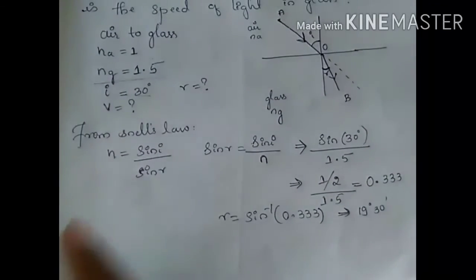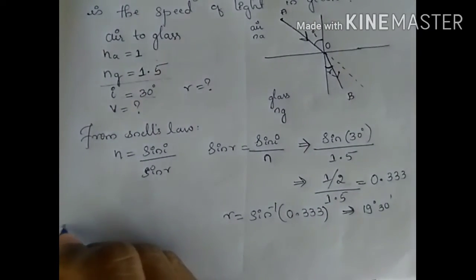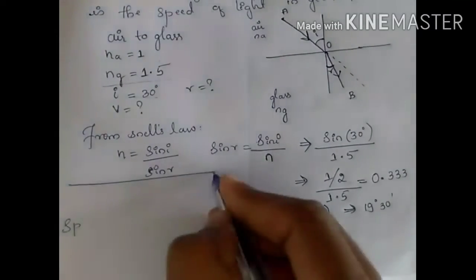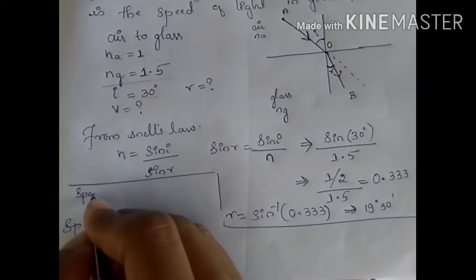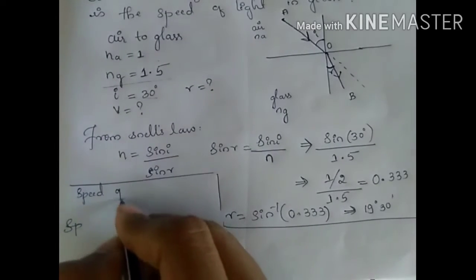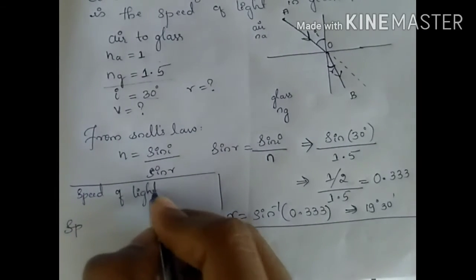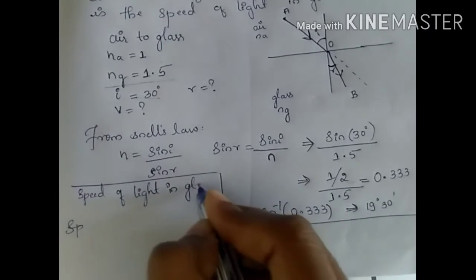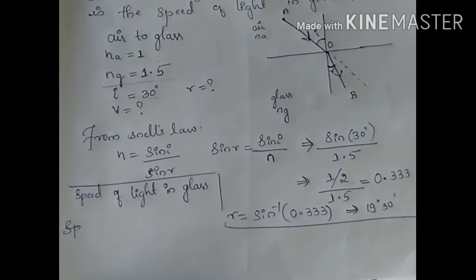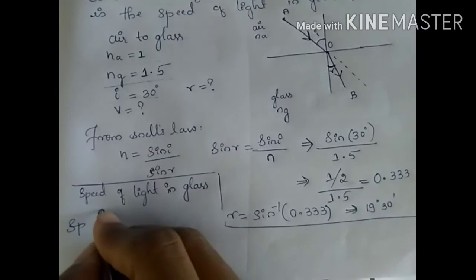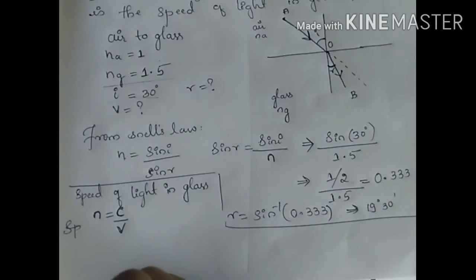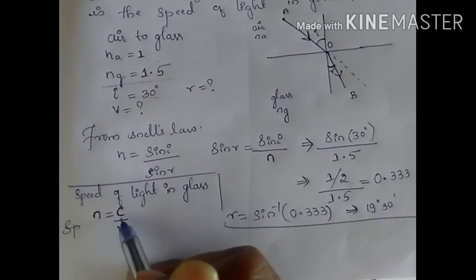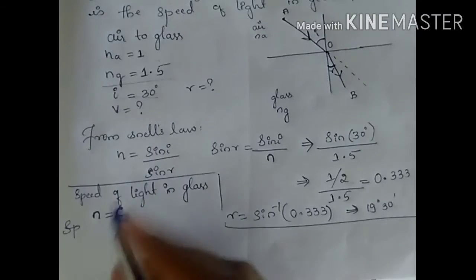So for the speed of light in glass, we have to take the formula N is equal to C by V. From this equation, we can find the speed of light in glass, because C is known to us and N is known to us.